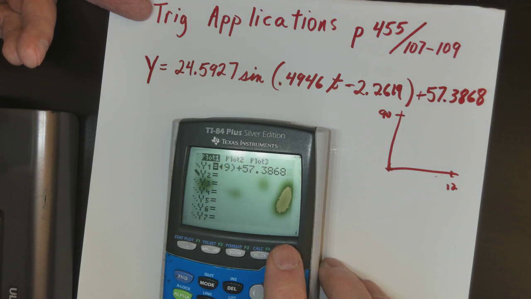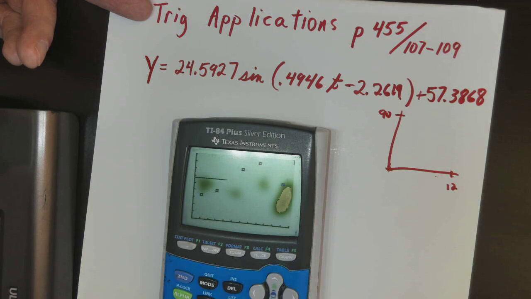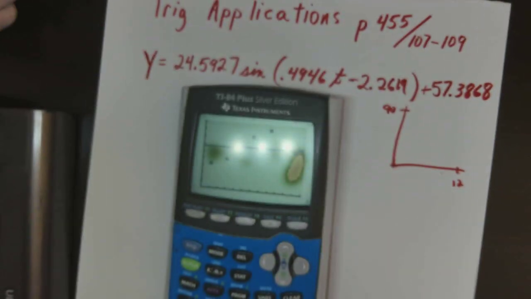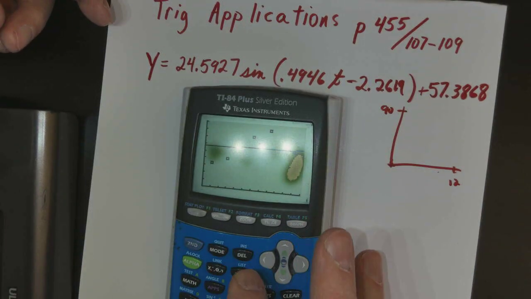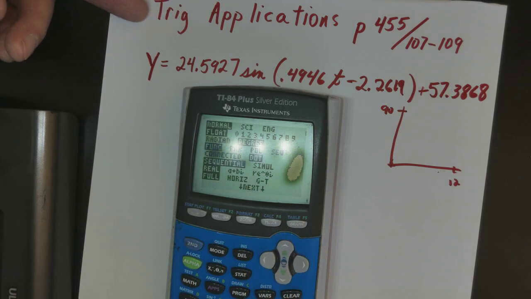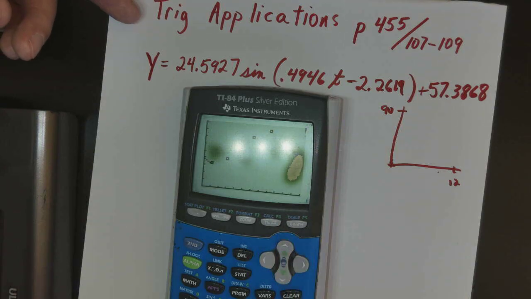Now I'm going to hit the graph button, and I want to see how closely it follows those. Not at all. Okay. I was going to say this and I forgot. When I see something like this and we're talking sine, I really wanted this to be in radians. Let's just take a good look, and guess what? It was in degrees. So I'm going to change it to radians, and now I'm going to graph it. All right, that is much better. Look how nicely it goes through those points. So this equation models the plot very well.